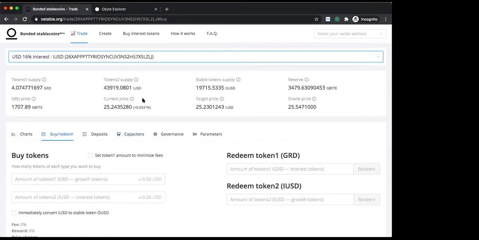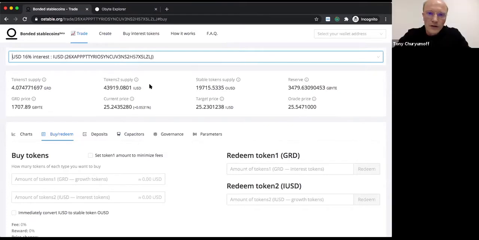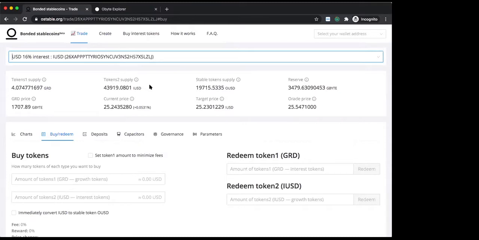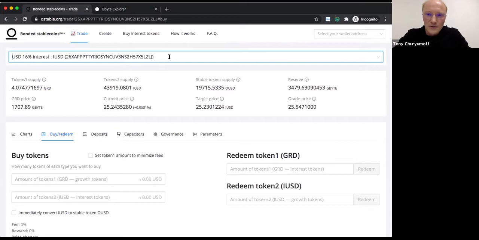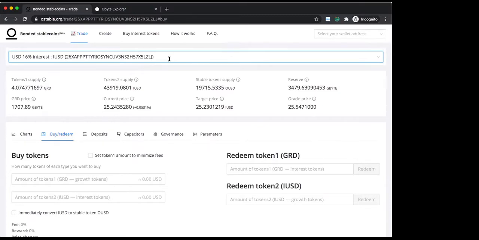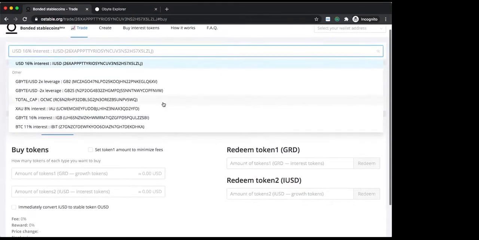So you can basically issue coins pegged to anything. If you like, you can issue a coin that is pegged to, for example, the number of your Twitter followers. It is also possible, as long as there is an oracle that reports the number of your Twitter followers.